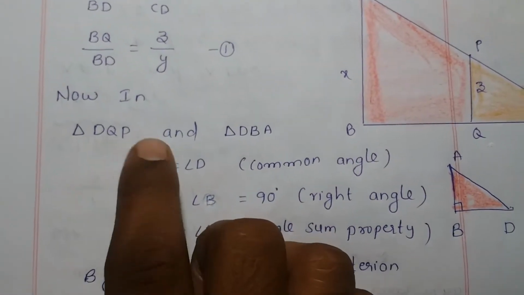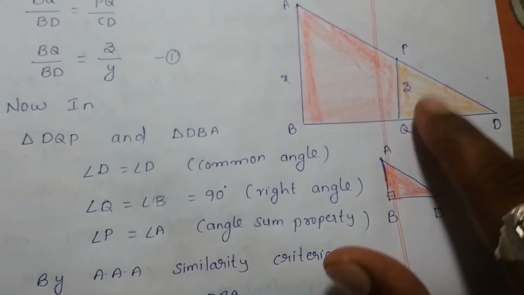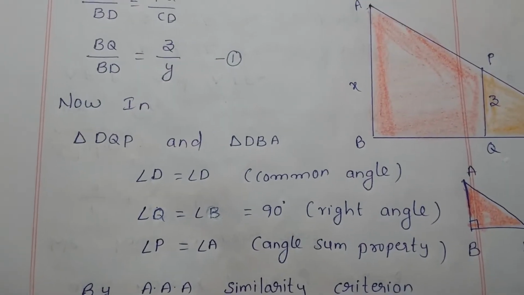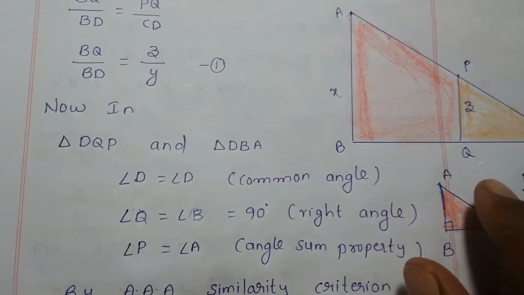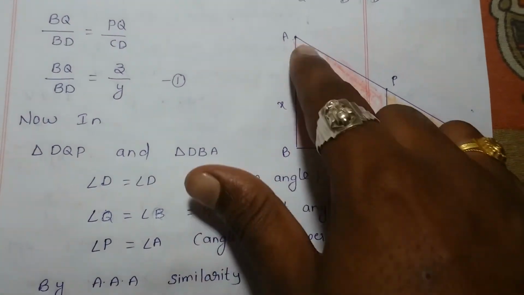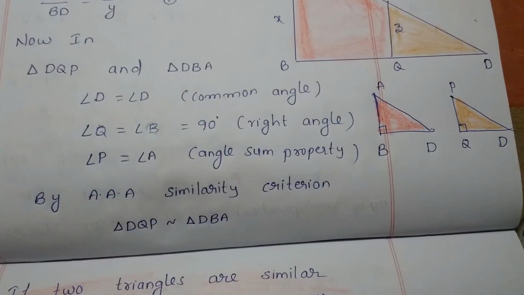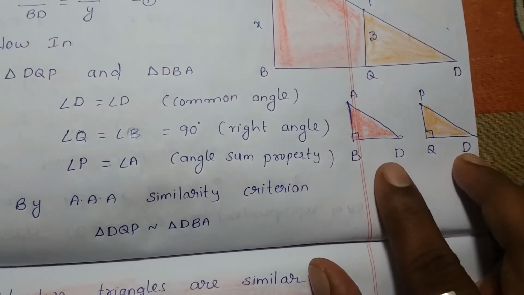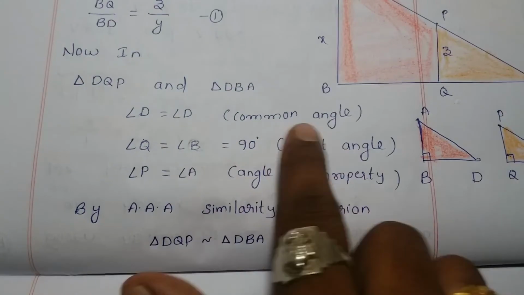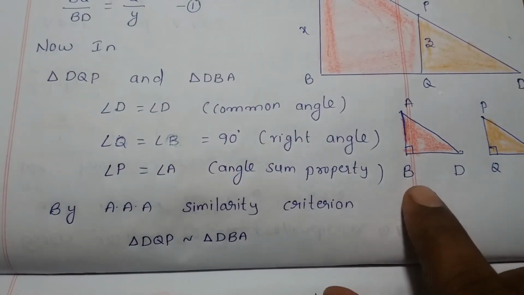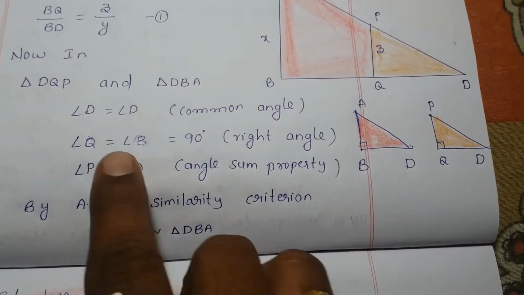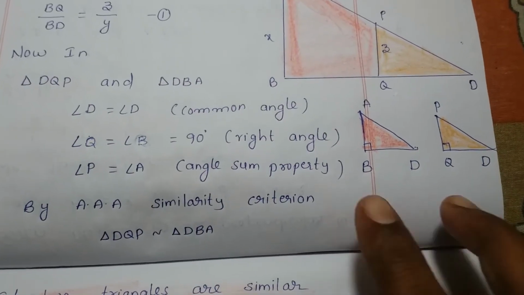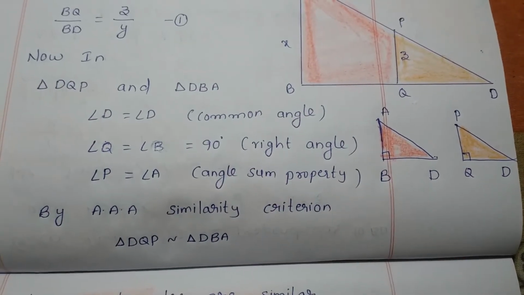So triangle DQP and triangle DBA, similarities we will see. Angle D is a common angle, and angle Q equal to angle B. Both are 90 degree, right angle.